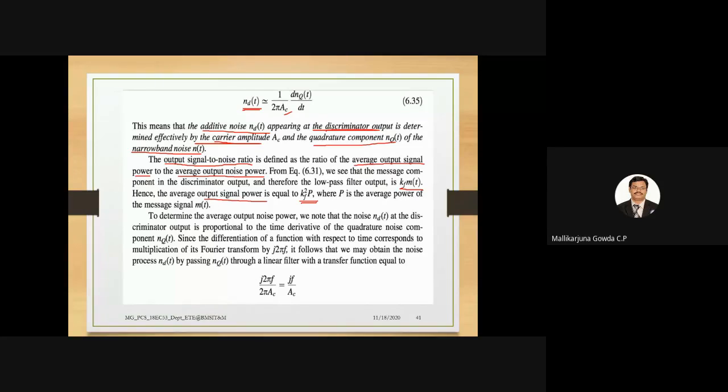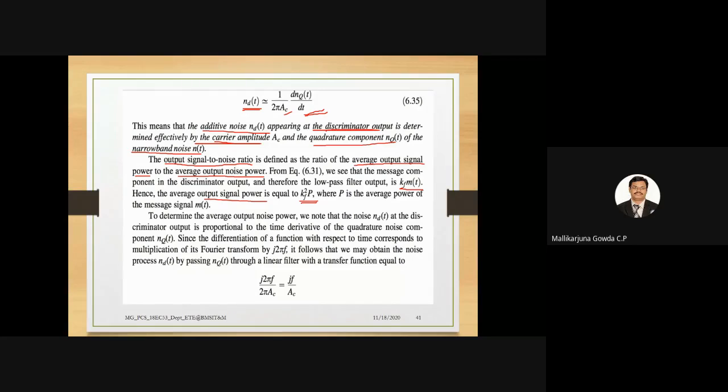Okay, and let us try to find out the average noise power also. To find the average noise power, we write this in terms of the frequency domain. This is the expression for noise, the output of the discriminator, so we take the Fourier transform and write it in the frequency domain.